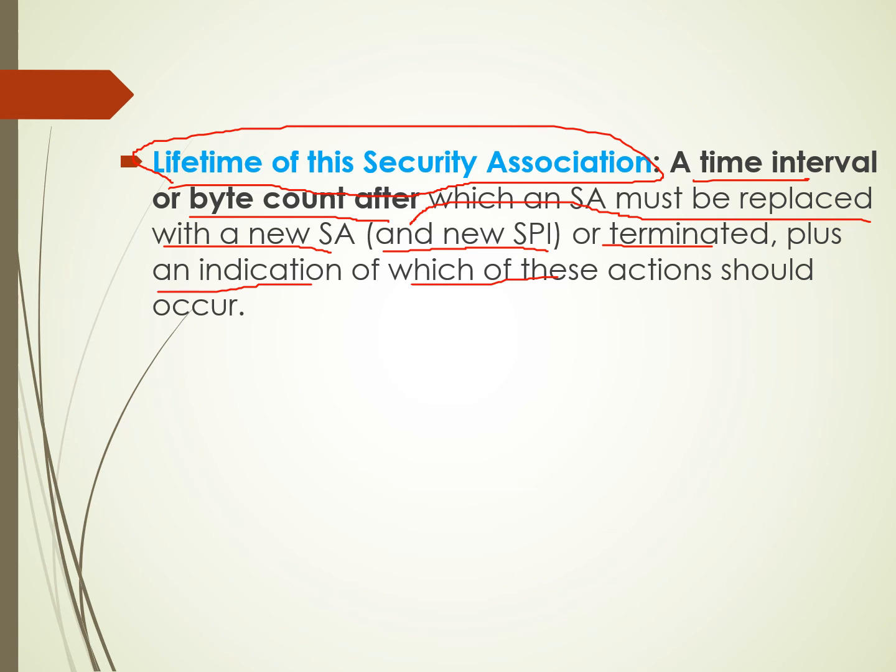After the lifetime of the security association is over, you need to establish a new security association. Sometimes a security association will be terminated before its lifetime is over. In that case also, the client needs to establish a new security association for information exchange.